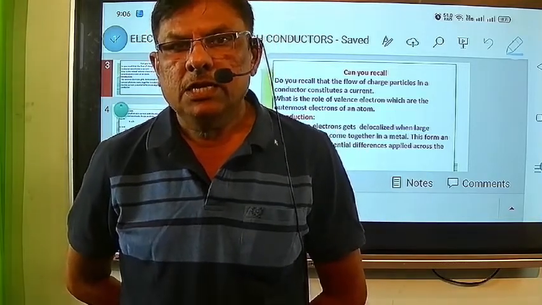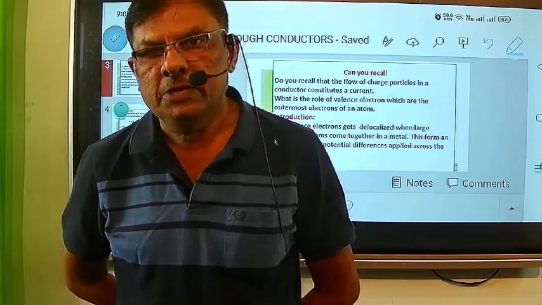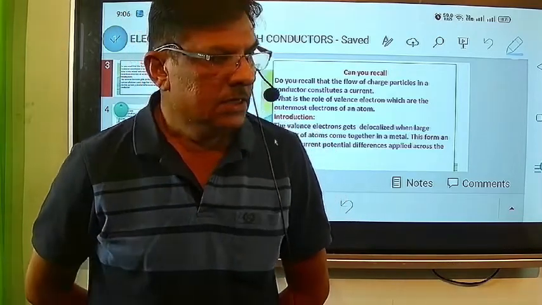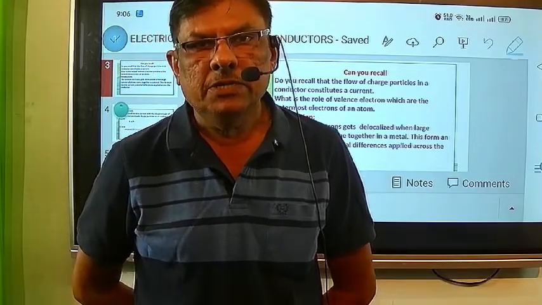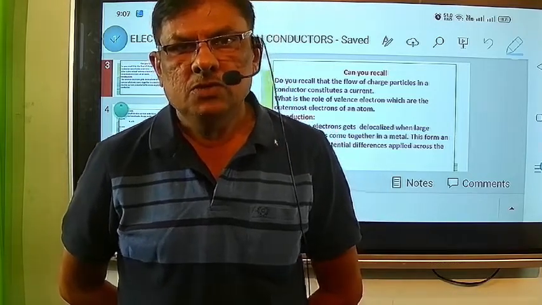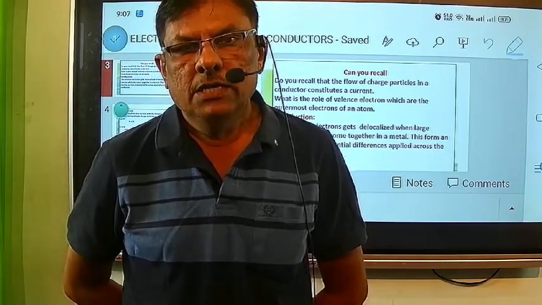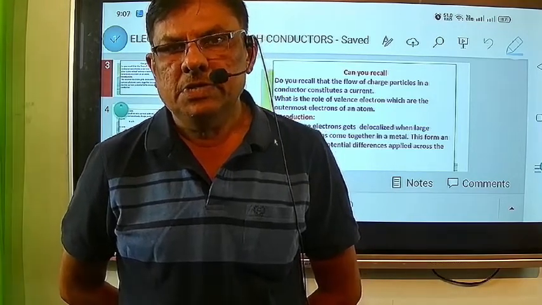Now current is due to the positive charge and negative charge also. Many times the negative charge is studied more often. So, here the charge electron carries a negative sign.